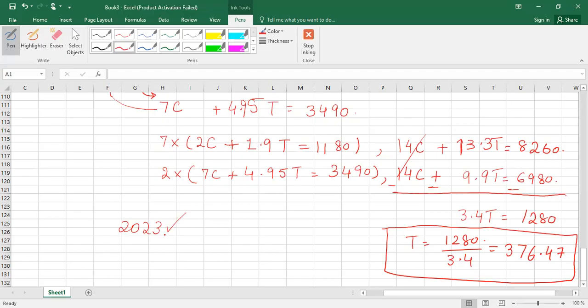And similarly, if I multiply 2023 with 4.95, it is more than this. How can I produce this amount of tables with this amount of available inventory? So it means there is something wrong. What was wrong? I wrote 1980, in fact it is 1180. So as we found our mistake, now we have the correct value 8260 over here and the correct difference 1280 over here.